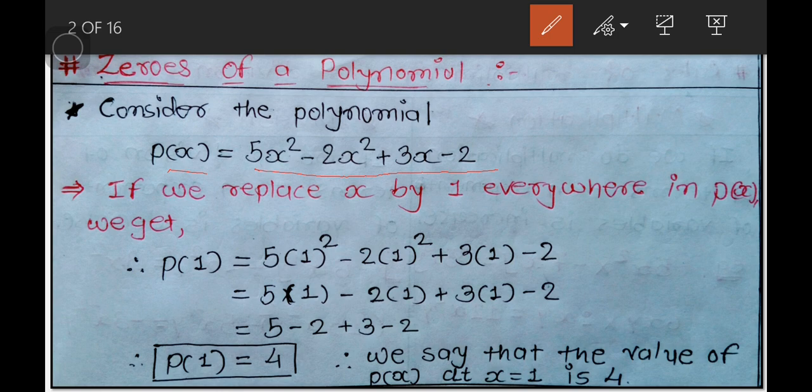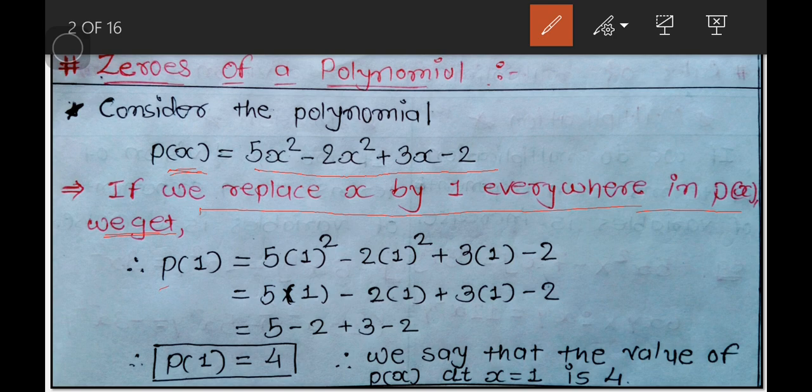Here we put the value of variable x and then we get the value of polynomial. If we replace x by 1 everywhere in polynomial p of x, then we get, so here we put 1 in place of x everywhere.